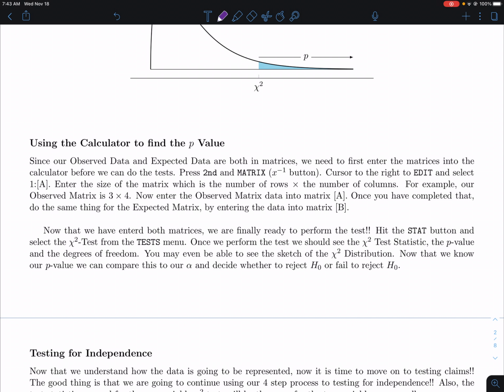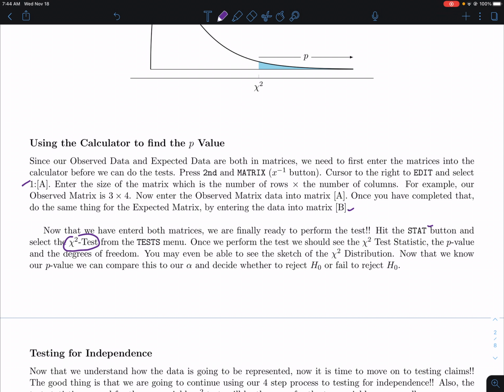Always make sure the A matrix is the observed and the B matrix is going to be the expected value matrix. Once you type those in, you'll go to the stat button, and then we'll have a chi-squared test that we actually use from the test menu. This will tell us exactly what the p-value is so we can know whether to reject or fail to reject and stuff like that.